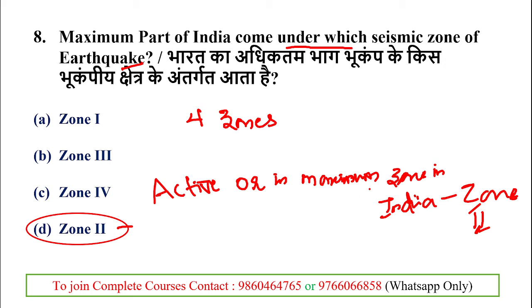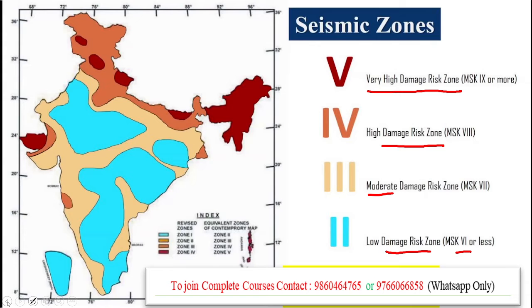In zone second, you can see the area, the blue shaded area. You can see that this is the maximum in India. So that is the low damage risk zone. So in India, the earthquake is low damage risk. Or there is a maximum low damage risk zone present in India.